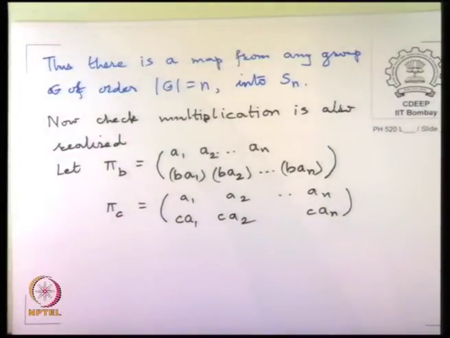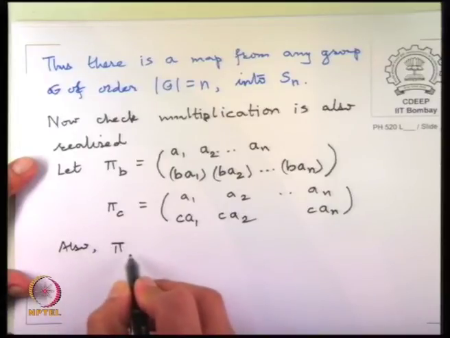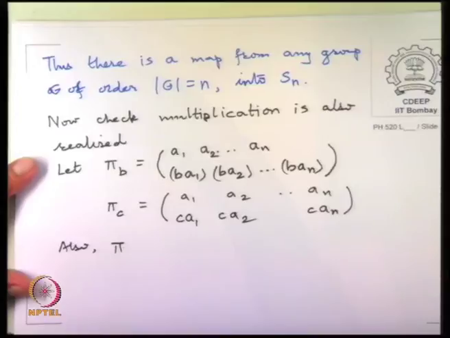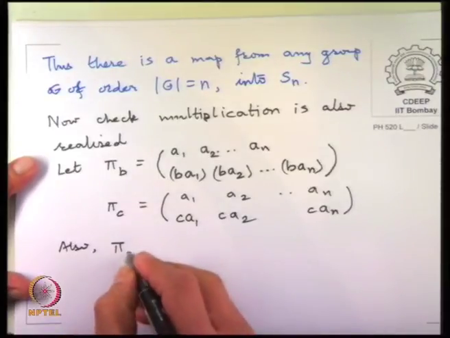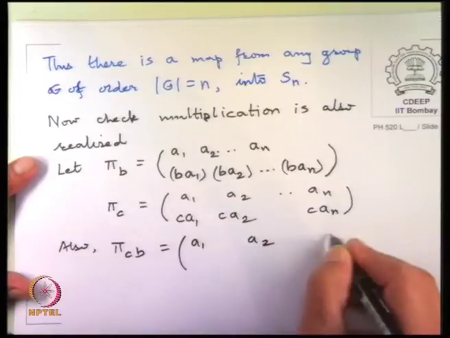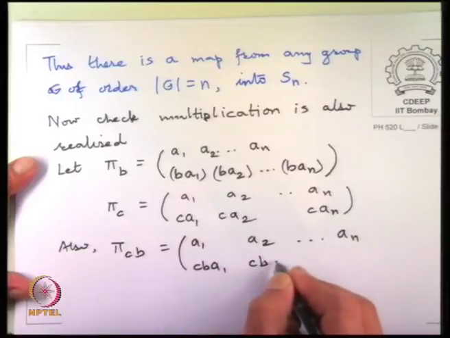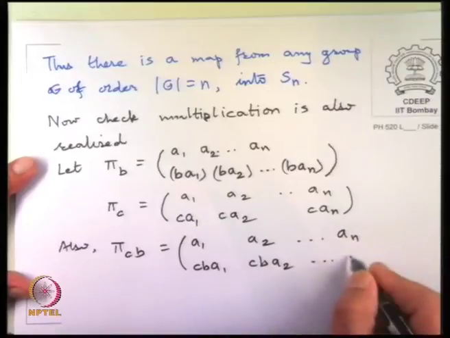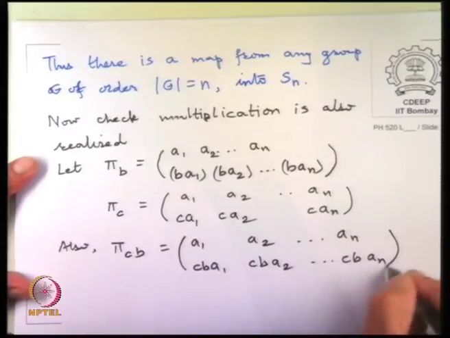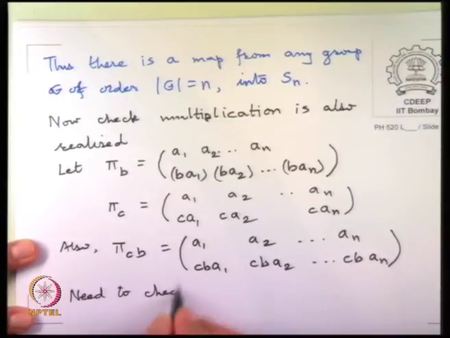Now how are we going to compose the two? Well, also note pi for C times B is going to be equal to A1, A2, An with C times B acting on A1, C times B acting on A2, etc. Let us check that pi Cb is the same as pi.